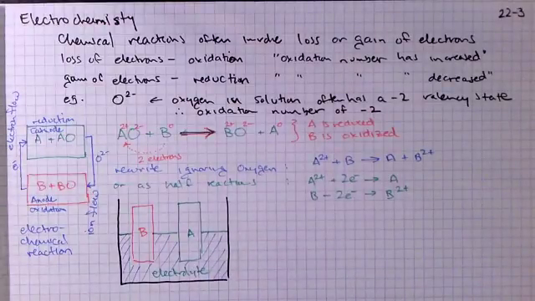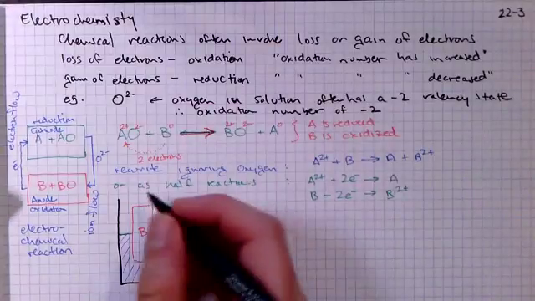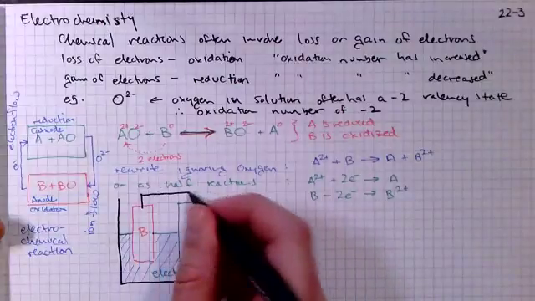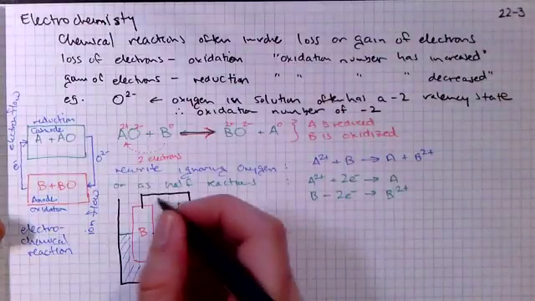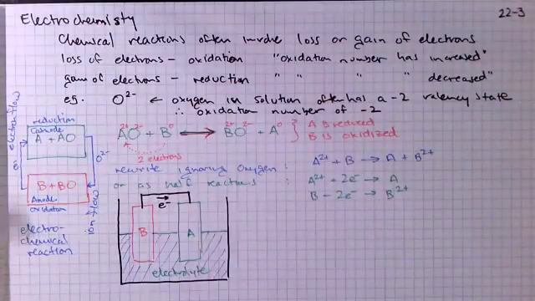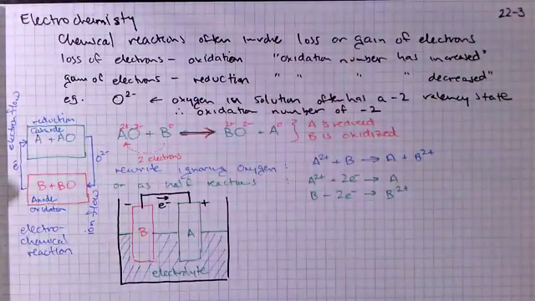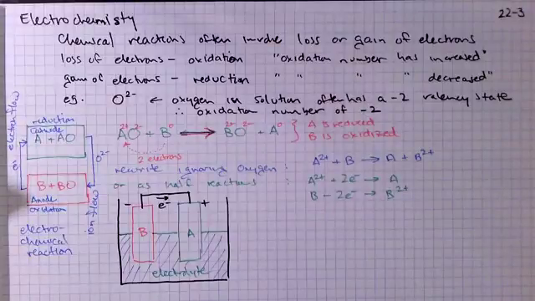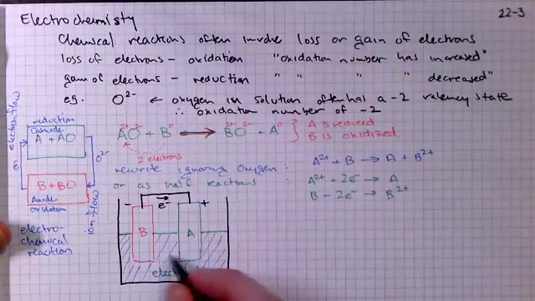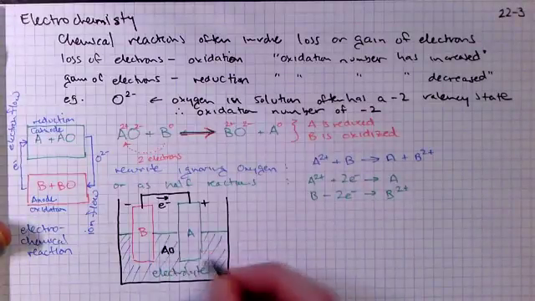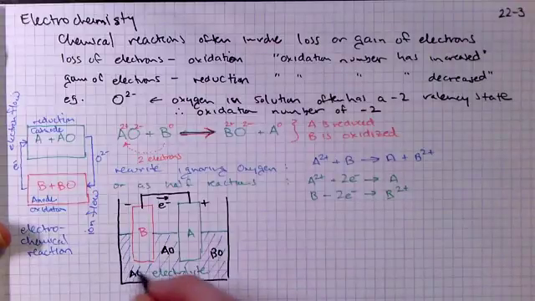And then we would hook a wire from B to A. And we know that electrons would be flowing from B to A. So this would be a negative pole and this would be a positive pole. And ions would be flowing in the opposite direction. So in solution, we would be interconverting ions between AO and BO, which are both floating around in the solution.